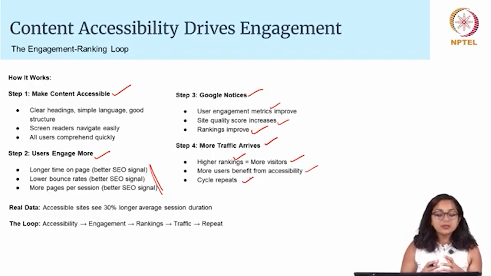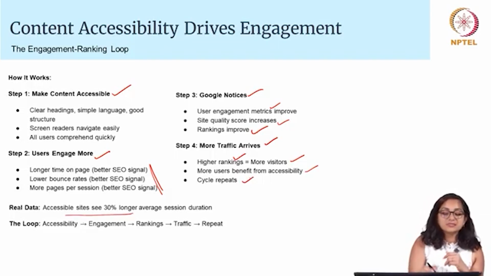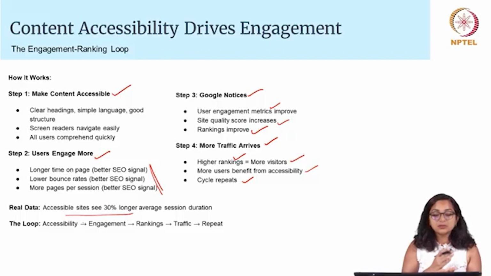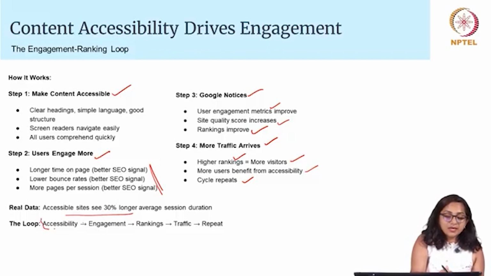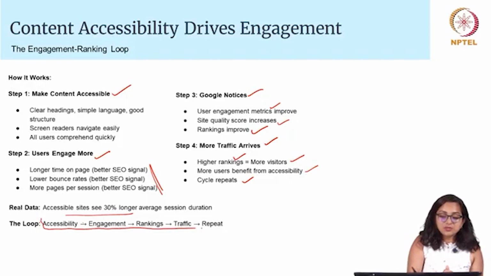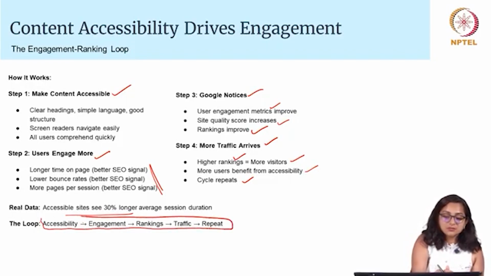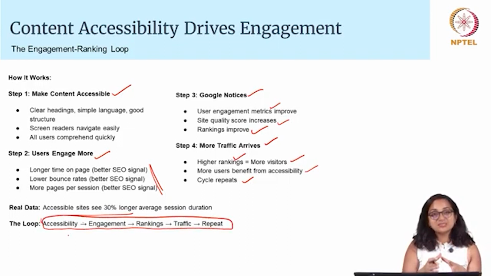The real data we are seeing is that accessible sites see 30% longer average session duration. So the loop is accessibility, engagement, ranking, traffic, repeat. Better accessibility, better engagement, better ranking, more traffic, and that cycle keeps repeating.